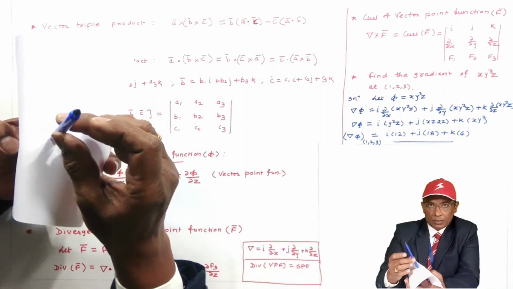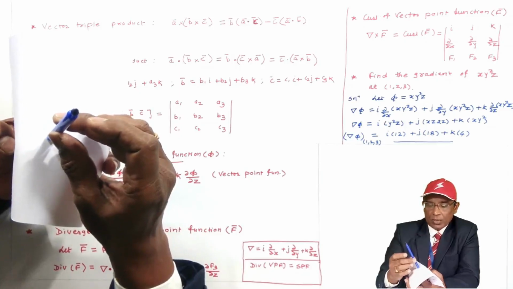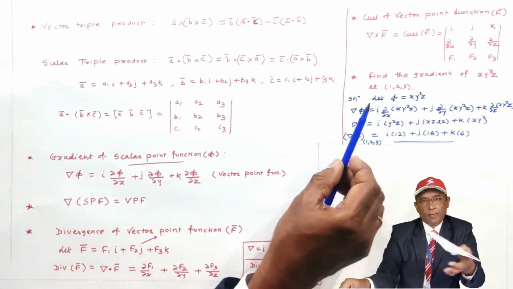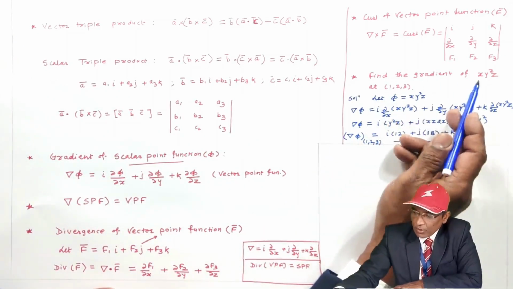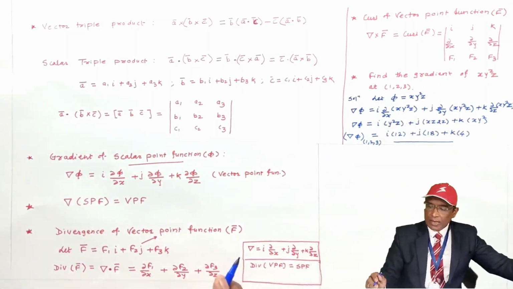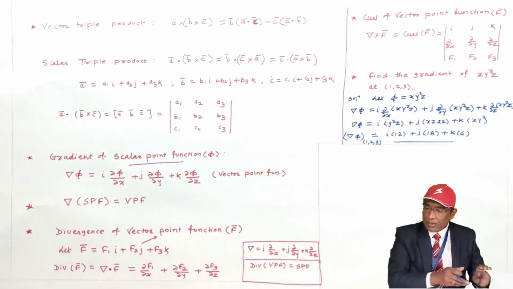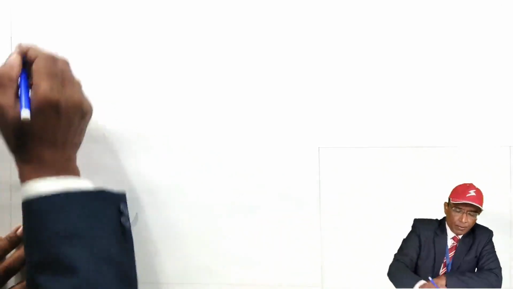This blue plane is the gradient of phi. In this way we have found the gradient of a scalar point function. Now we will calculate the divergence and curl of a function. A very simple example I am taking.